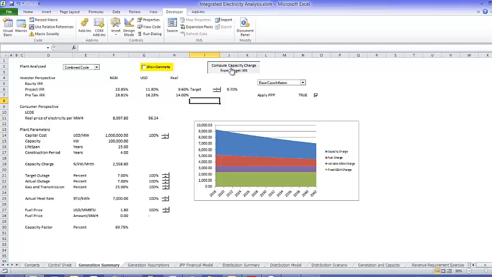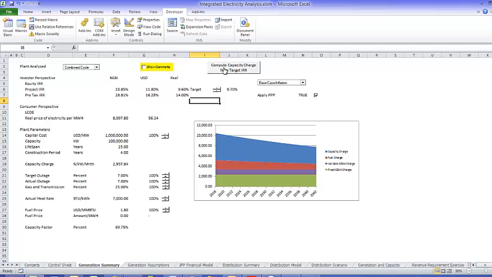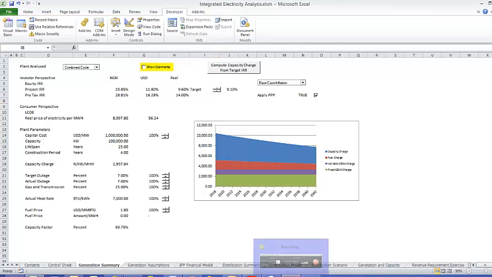Now when I change this, then we can get the, well, that's interesting. It should have, why? It didn't give us the exact IRR.